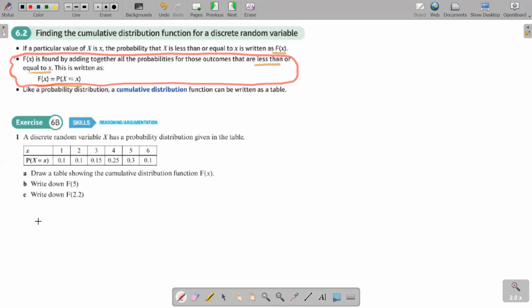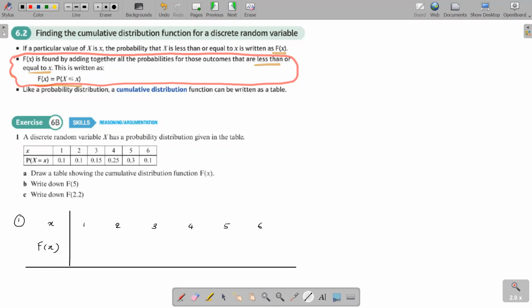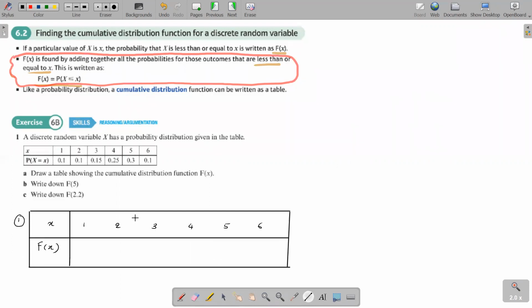Let's draw the table again, and then you write capital F(x). Okay, so how do we fill these values now?